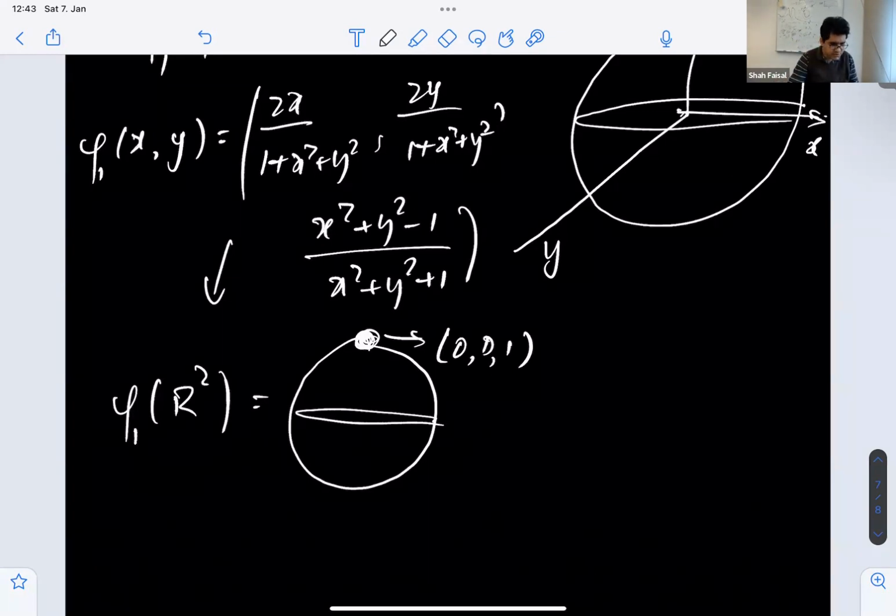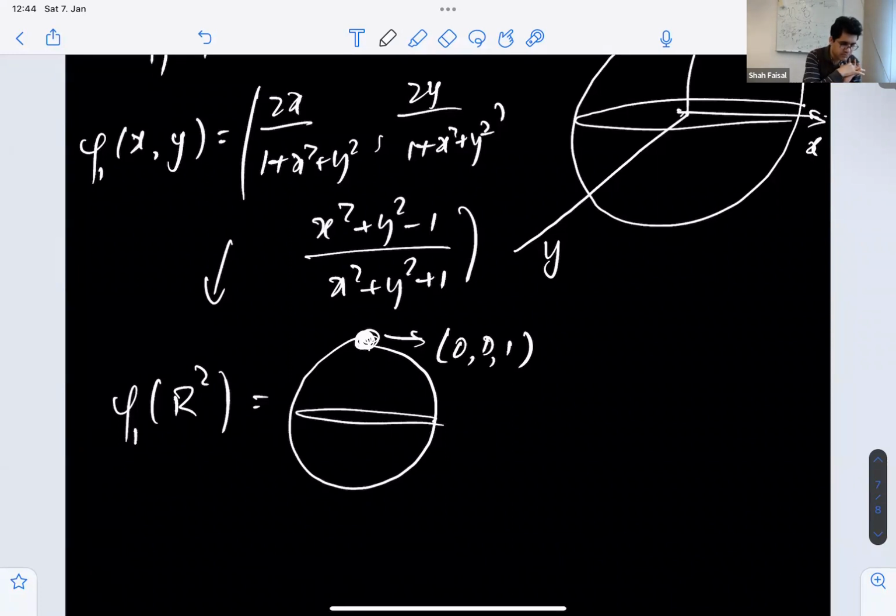And can you tell me if I can find a map which covers the whole sphere? I mean, such a map which goes from R2 and covers the whole sphere and is continuous. So question again, can you cover the whole sphere with a map from R2, which is continuous and surjective?